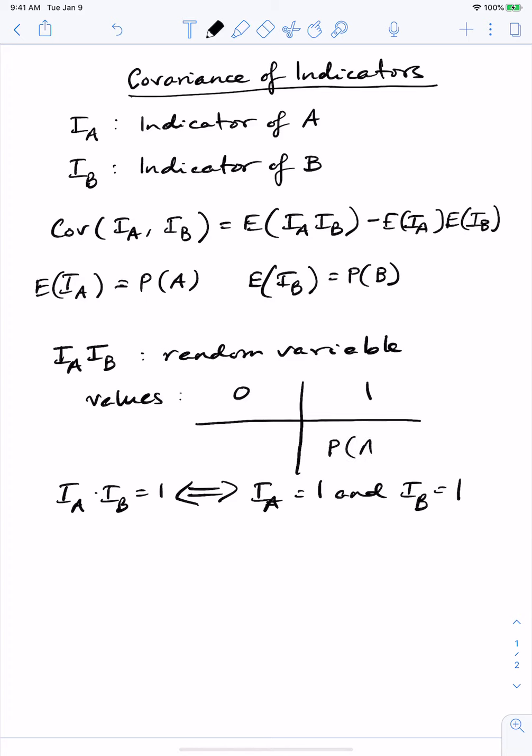And so what we are noticing is that the product of two indicators is itself an indicator. It is the indicator of the intersection of the two events.